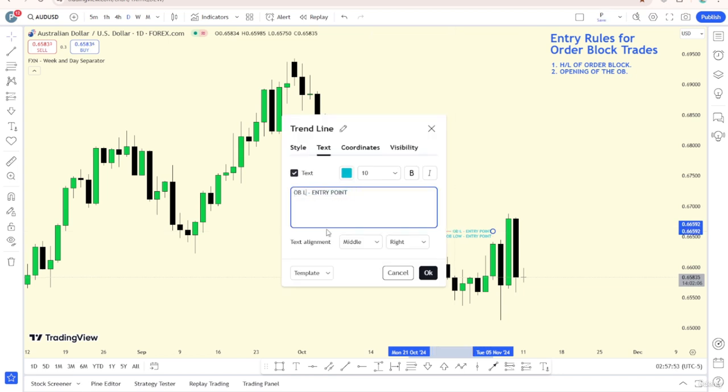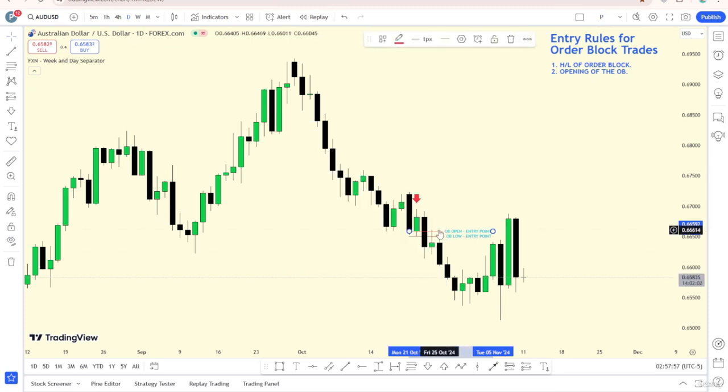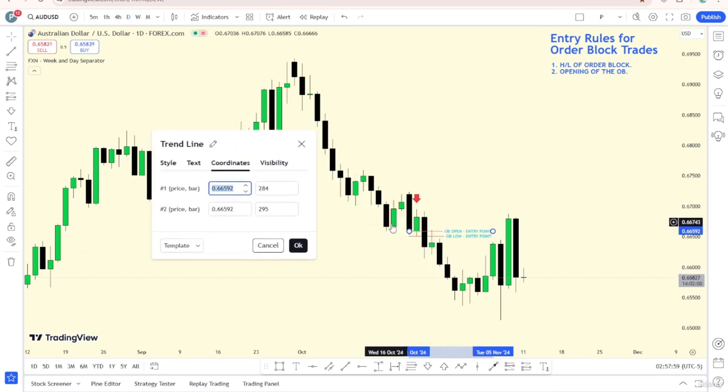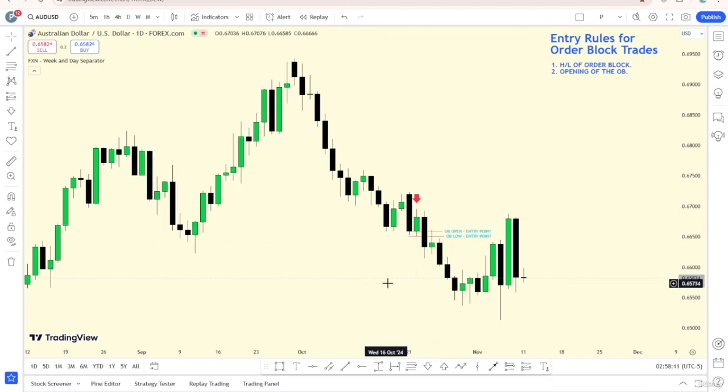I can call it order block open. This is also an entry point. So let's get the exact opening of that candle. I'm looking at the opening here. The exact open is 66592. So that is our opening.